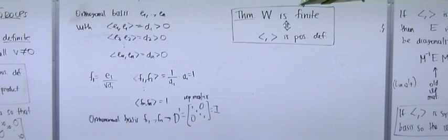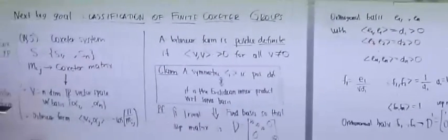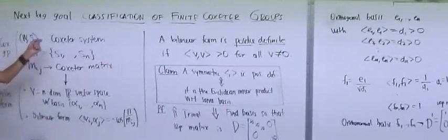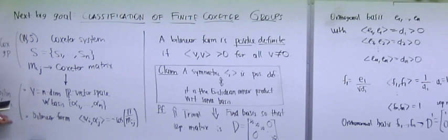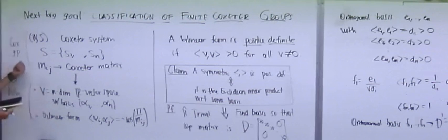Now, the Coxeter group is some algebraic object. You would like to know whether this algebraic object is finite. And this is kind of an amazing theorem that says, well, you don't have to go and count elements one by one. What you can do is just look at this bilinear form and see whether it has the property of being positive definite, where the bilinear form is defined in terms of the group only, not in terms of any particular geometric representation.